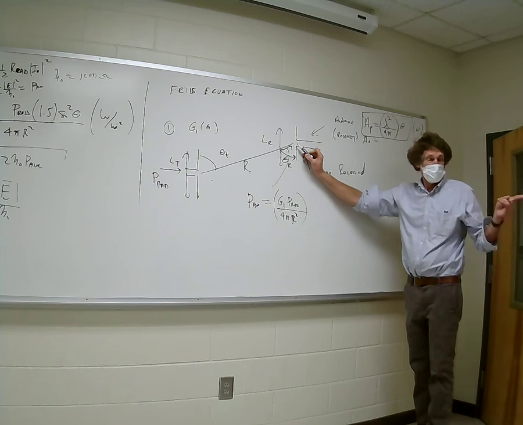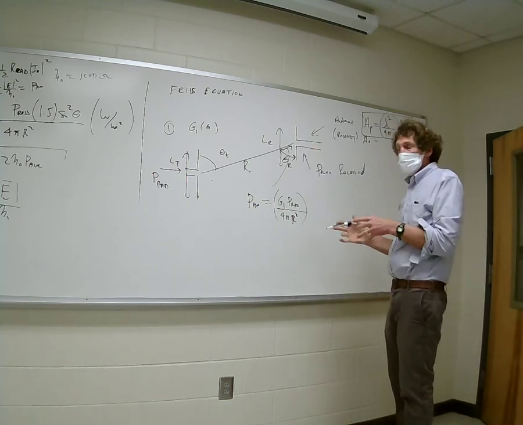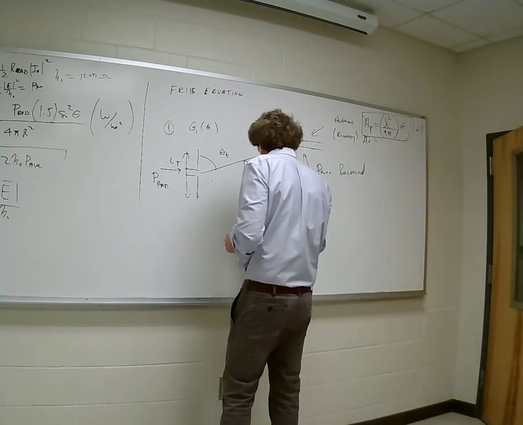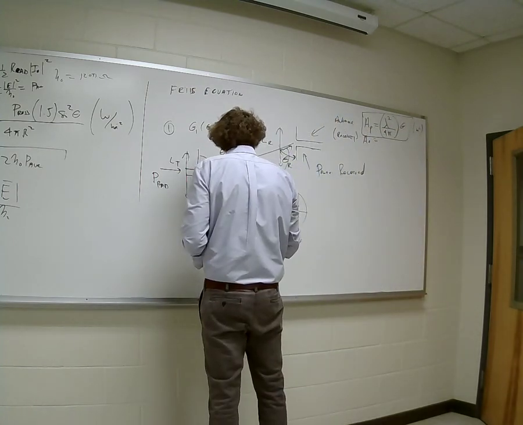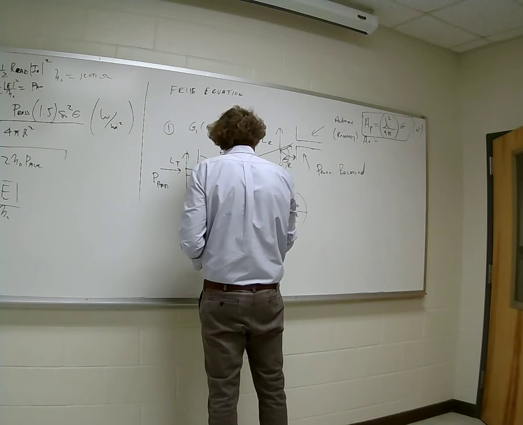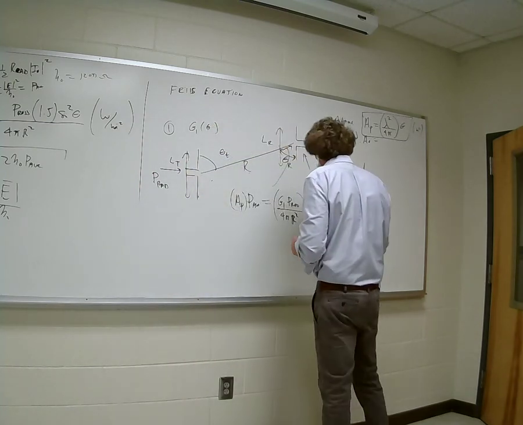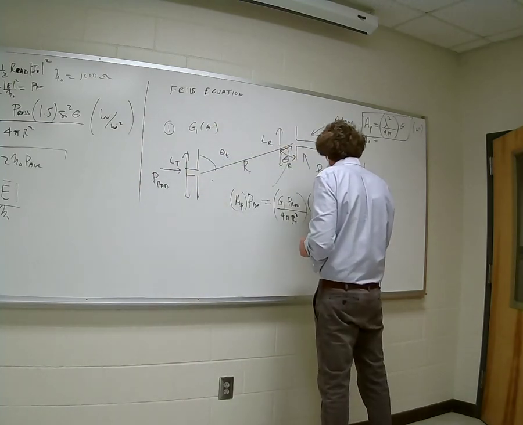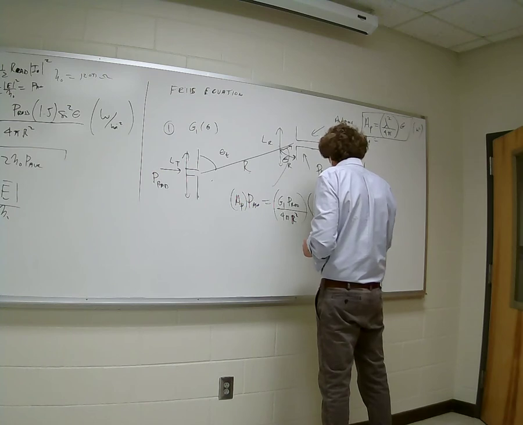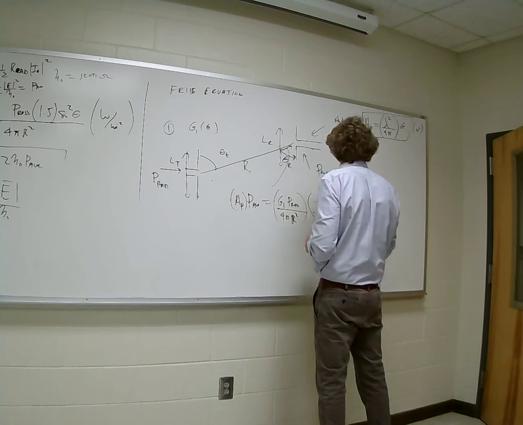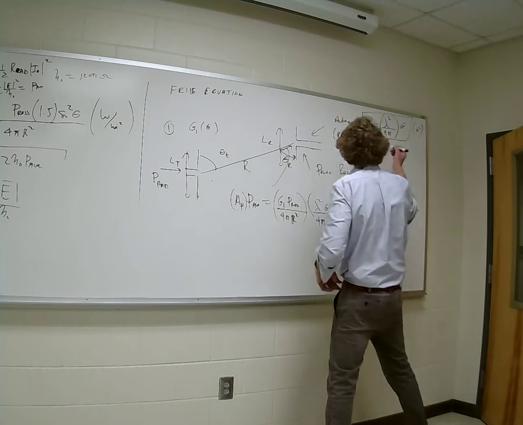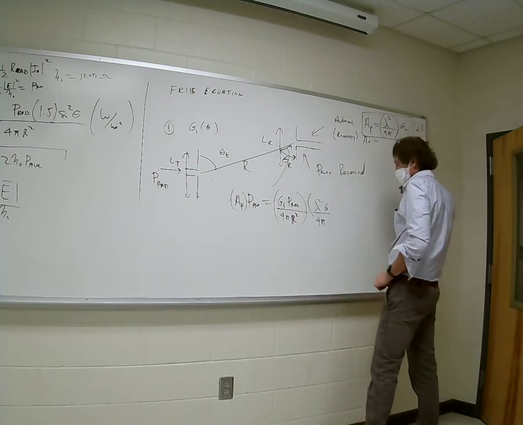Okay? Now, what happens? If you want the power received, you multiply this by the effective aperture, I'm going to use AP here. Or multiply this by lambda squared over 4 pi times the gain of the receiver. How about I call it gain 2, it's the receiver.